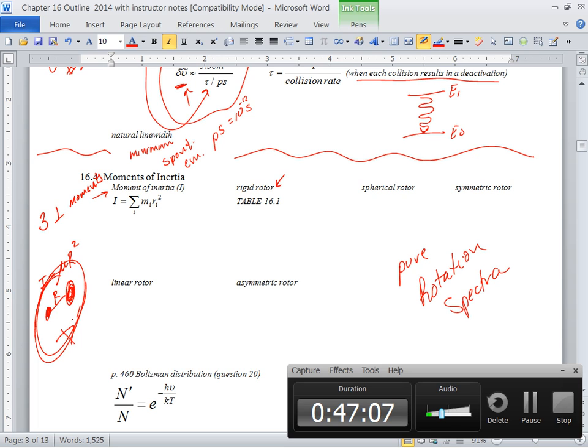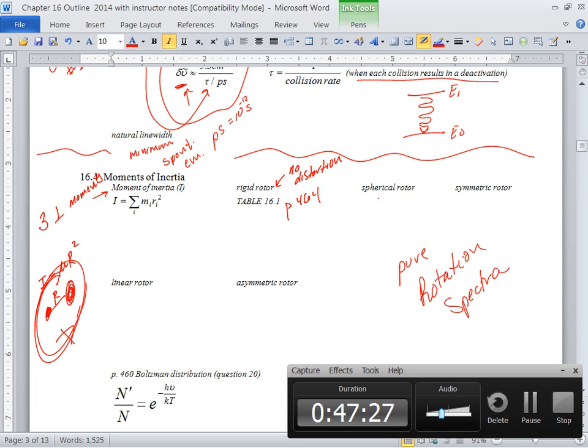And table 16.1 on page 464 lists a lot of this stuff. Okay. So it doesn't distort, right? There's no distortion when you rotate. Those bond lengths aren't changing.